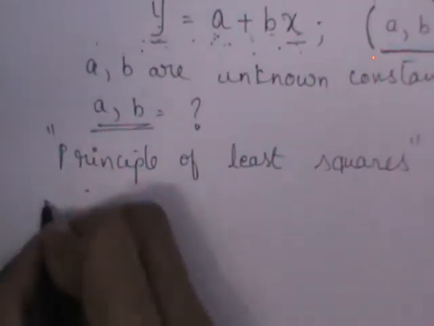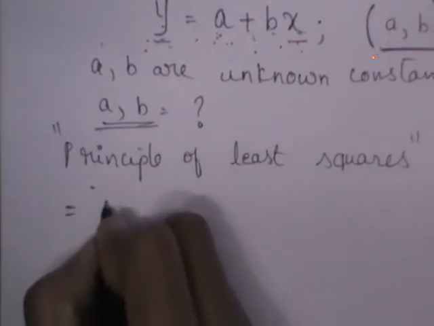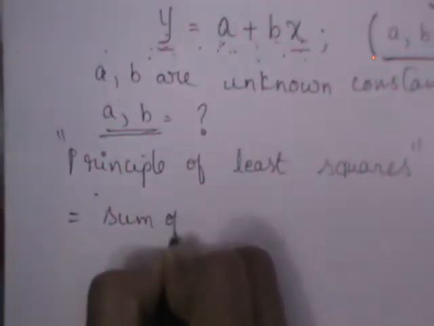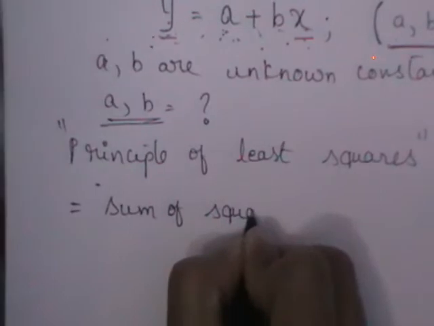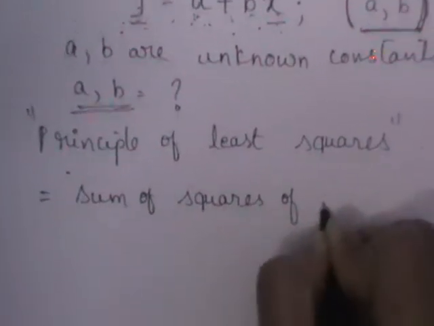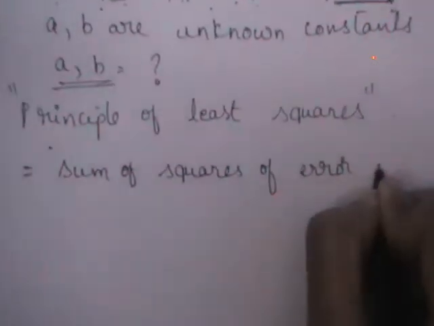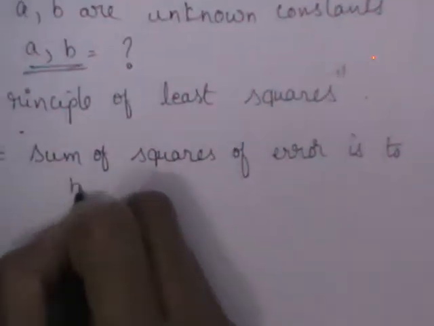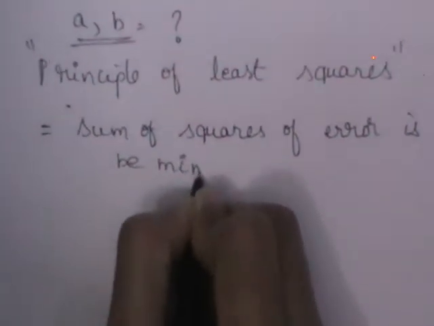What does this principle of least squares tell? That the sum of squares of error is to be minimized.